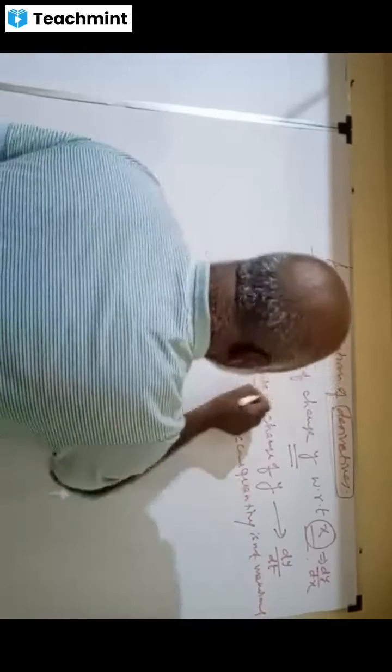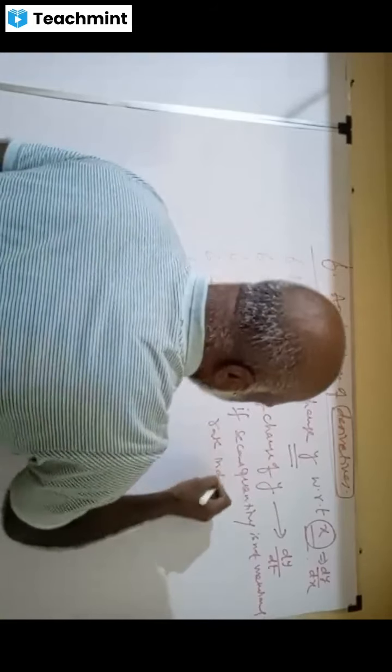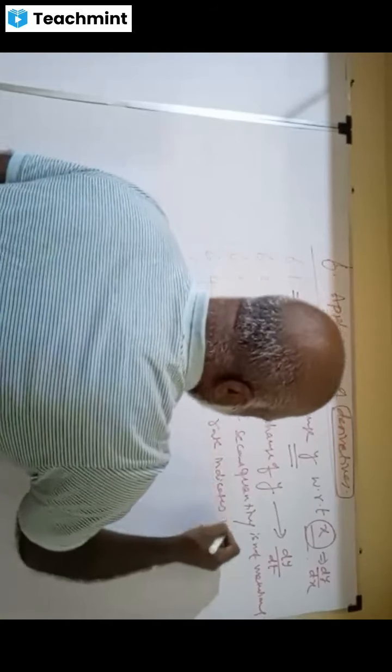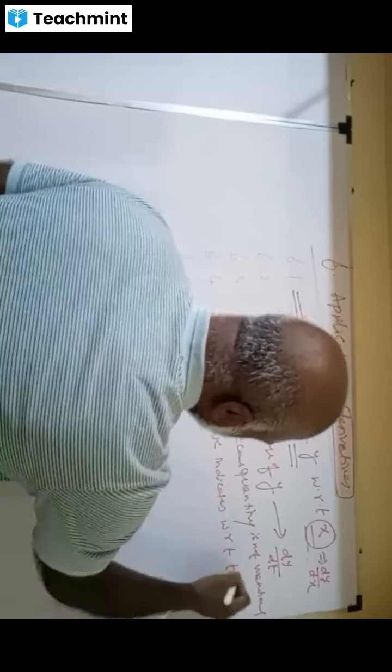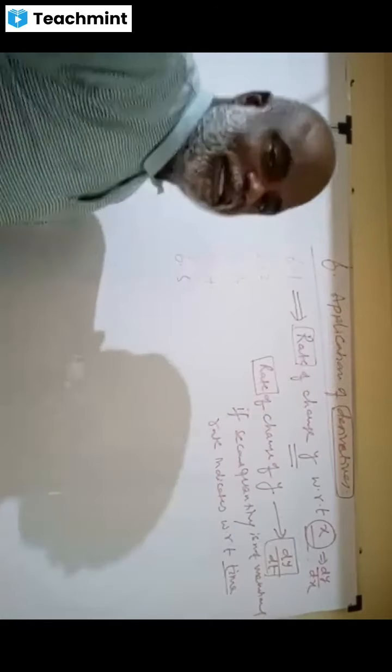If the second quantity is not mentioned, the rate indicates with respect to time. Then it will become dy by dt. See the difference, my dear.